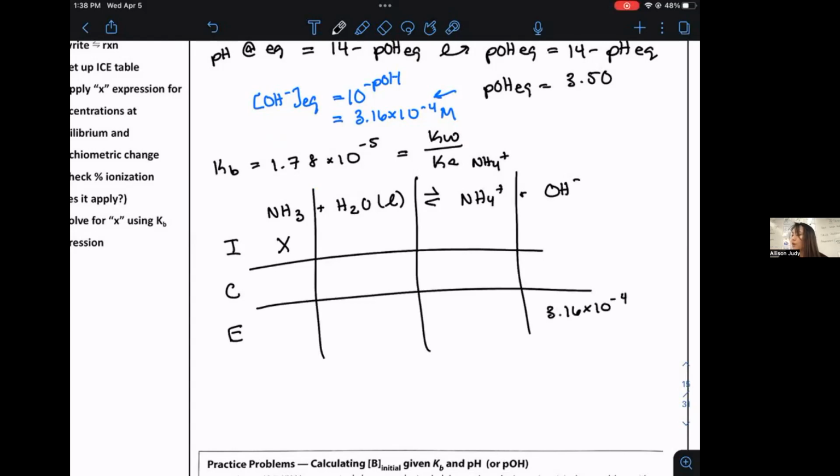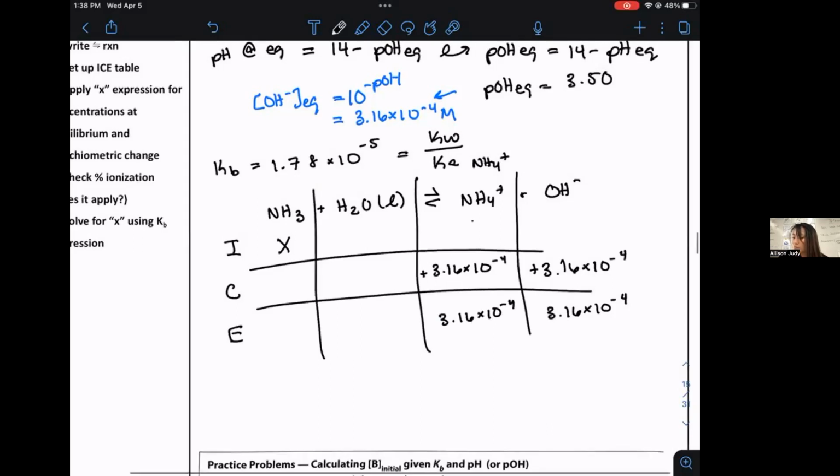And if whatever change occurs is stoichiometrically connected to the other species, then that means we've also gained 3.16 times 10 to the negative fourth. So a concentration of 3.16 times 10 to the negative fourth at equilibrium for my protonated ammonium, and then we don't pay attention to the liquid water.